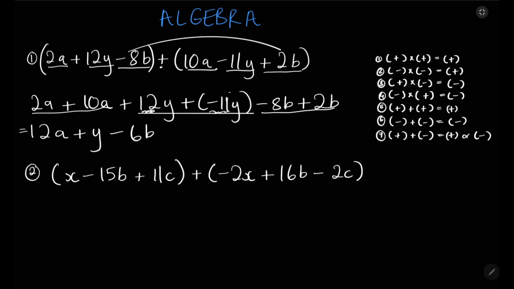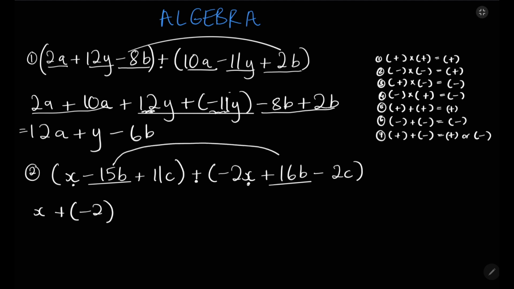So we can go across our brackets. We have x and x. Those are like terms. So we'll say x plus minus 2x. Let's write it down. You have to remember this sign, okay? Negative 15b. Do you have any other like term? You have plus 16b. Those are like terms.